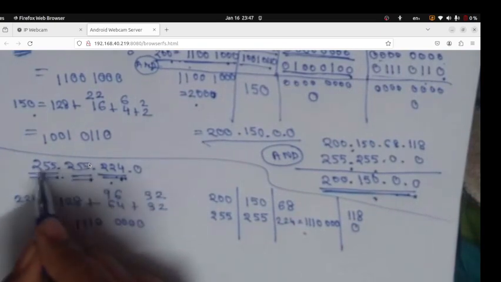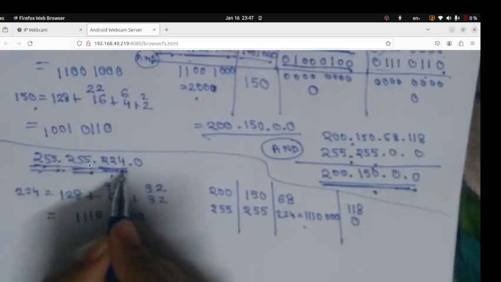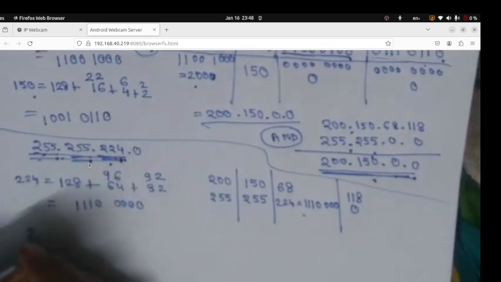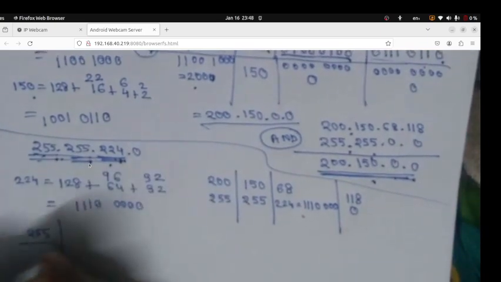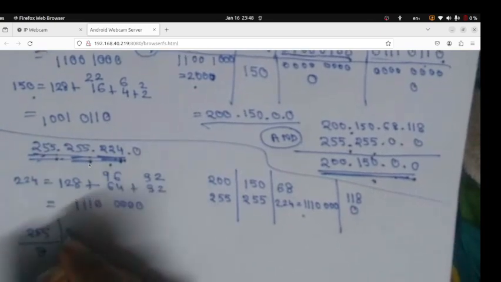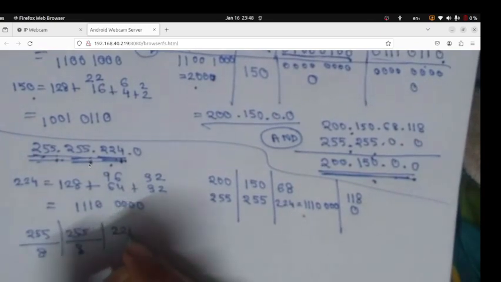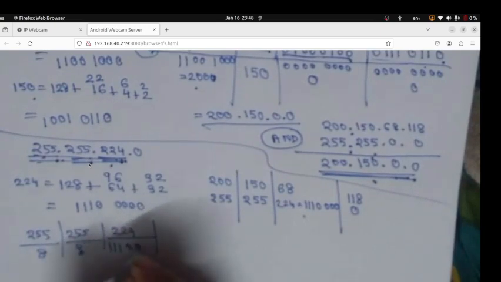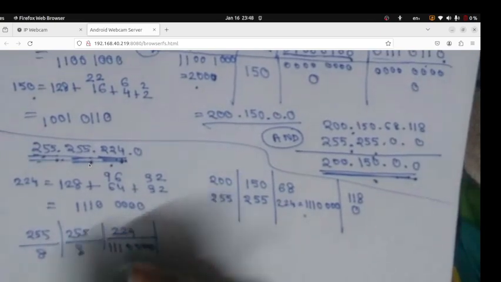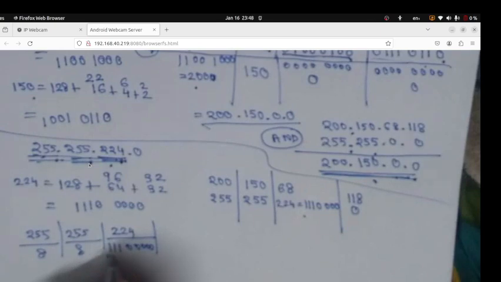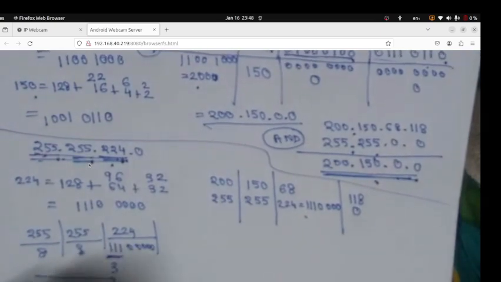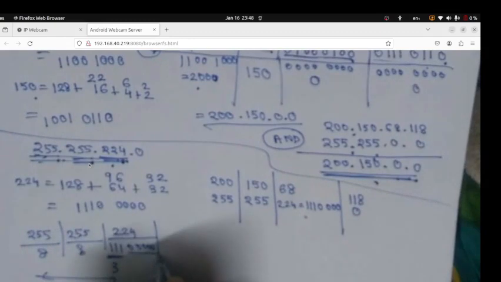So 255 means there are 8 consecutive ones, then the second octet 255 means another 8 consecutive ones, then the third octet is 224, whose binary equivalent is 11100000. So here the number of consecutive ones is 3. After that all are 0, and the last octet is all 0.